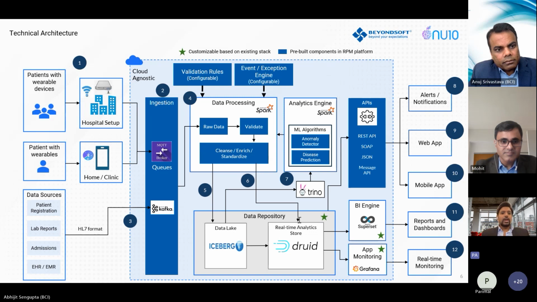So our platform is a SaaS-based solution. It is designed to collect and process large volumes of patient vital signs, collected through wearable devices or sensors, and it provides real-time insights into their health conditions, right? So as Mohit alluded to earlier, RPM is typically used by healthcare providers for the following reasons.